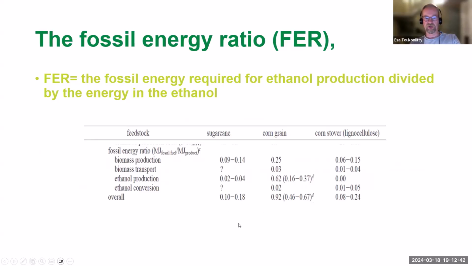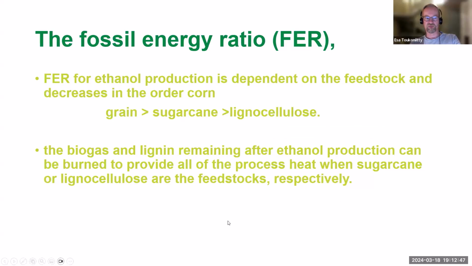I don't see it directly from this graph table, but also if you produce lignocellulosic biomass, you always produce or separate lignin, and that's also a fraction that contains energy, and it can be used, like mentioned here, to burn for heating, and the heat is required especially for the distillation.